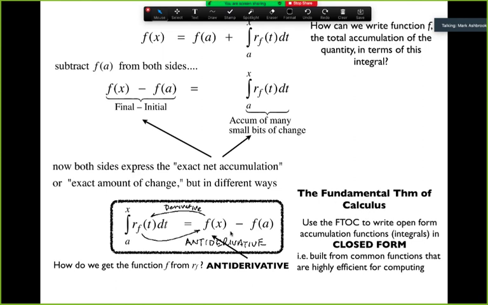And the second key is that we're going to need the antiderivative of that rate function. And that's what's going to form this function for our closed form. So fundamental theorem of calculus, antiderivative, put those together. Those are the two ingredients for writing open form net accumulation functions in closed form. And this will be the structure of our closed form.